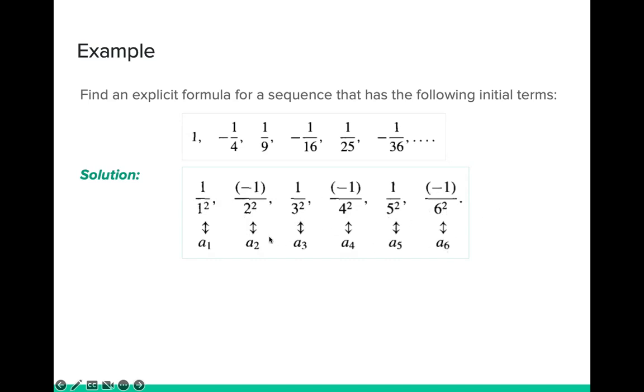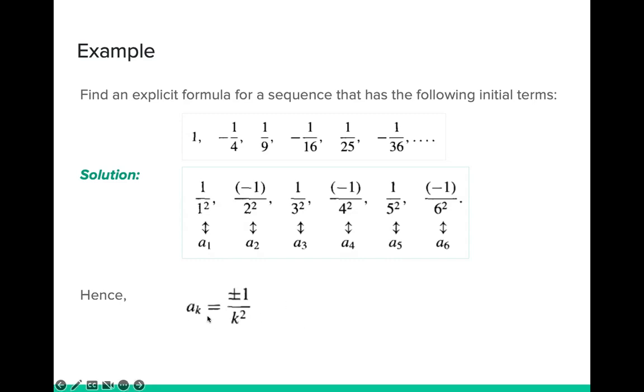So we can represent it in this equation. And now we see a pattern. So what is changing here? This base, okay? 1, 2, 3, 4, 5, and so on. All right, and we see that these are all perfect squares.